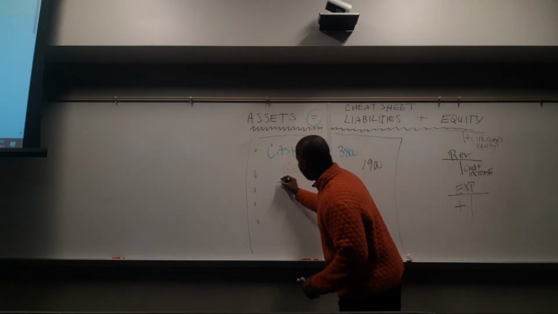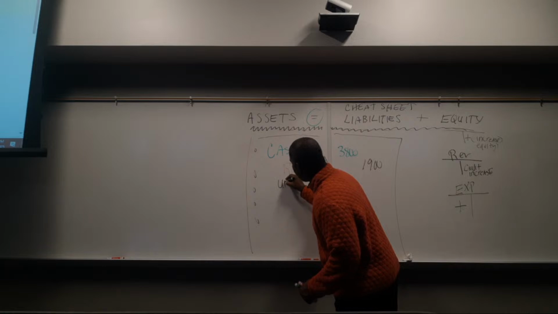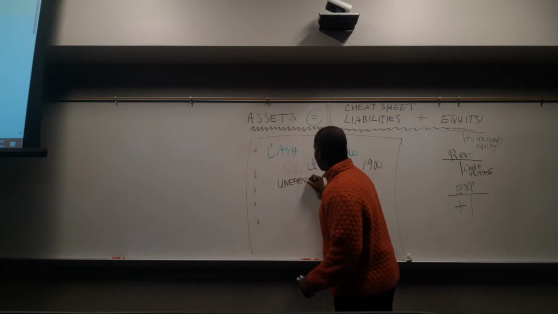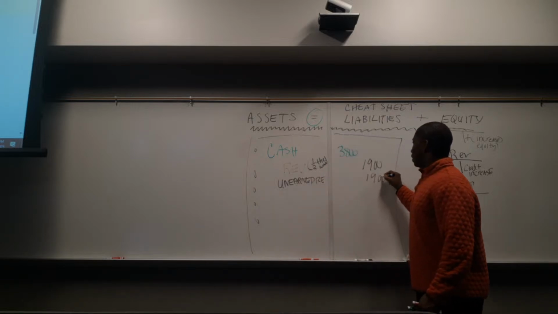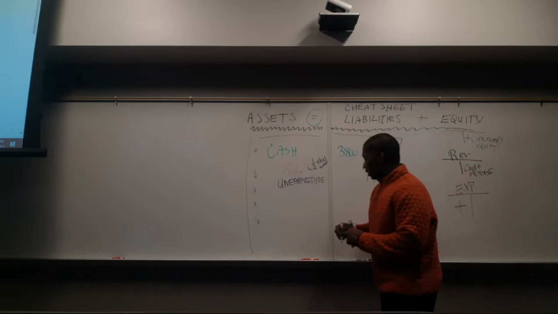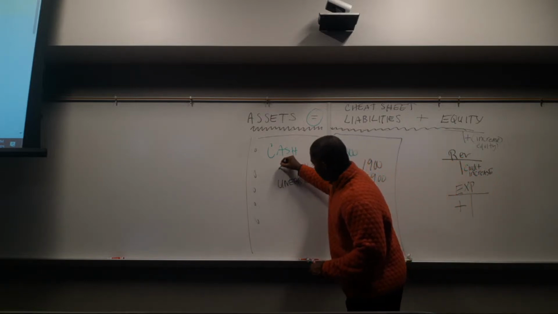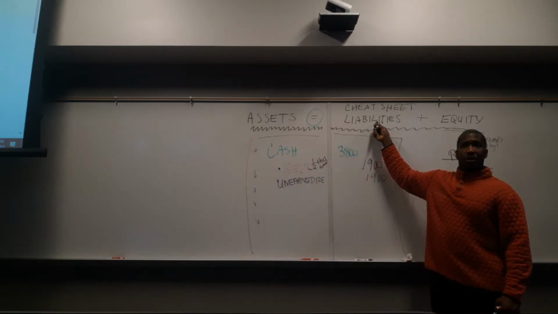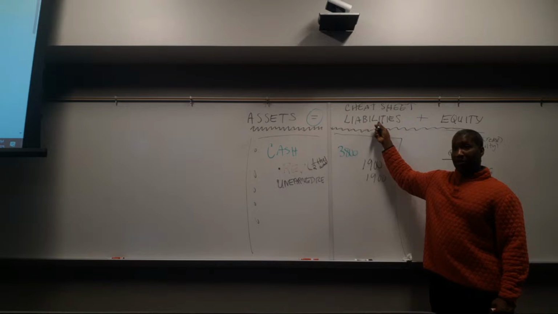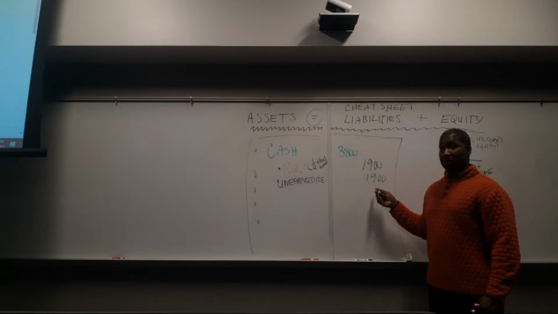So unearned revenues at this point in time is what we would have for the remainder. Unearned, this is a debit, this is a credit. Okay. That's a credit. Unearned revenues is a liability because that's what we continue to owe them, okay?